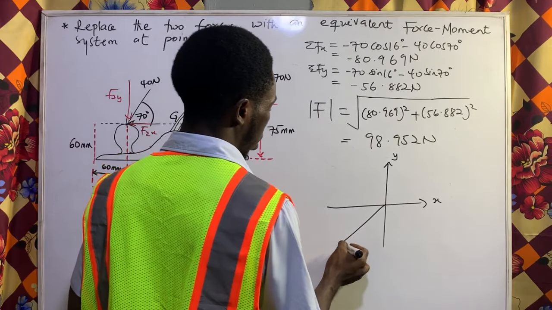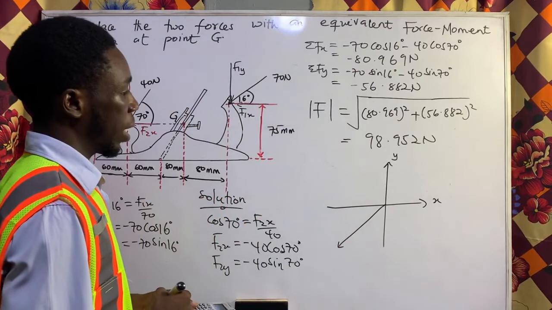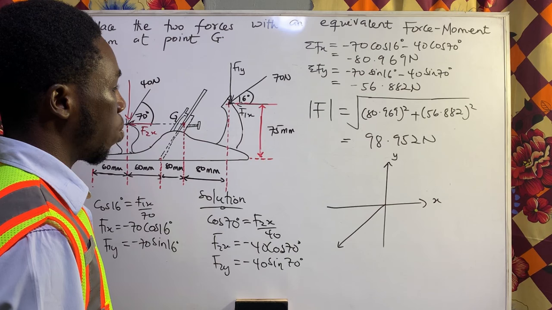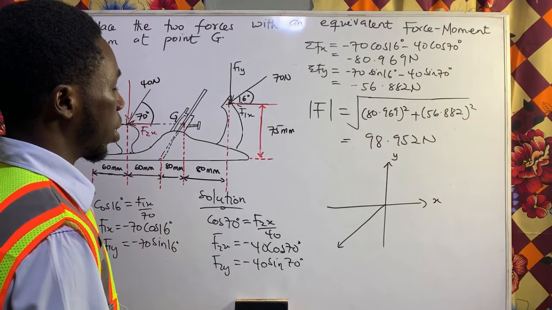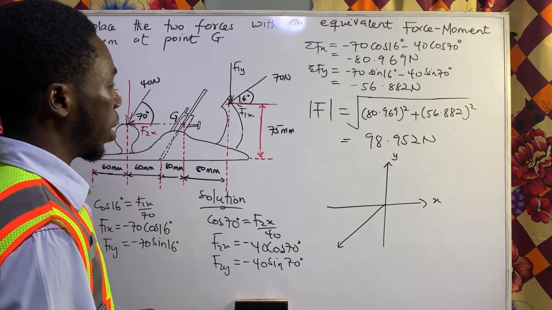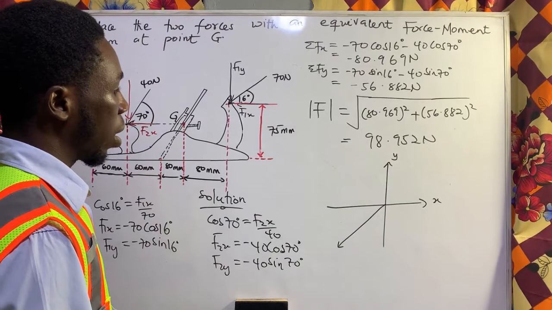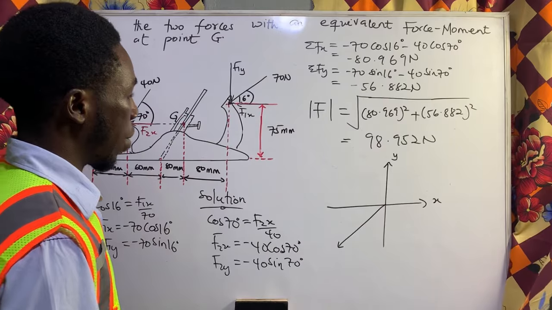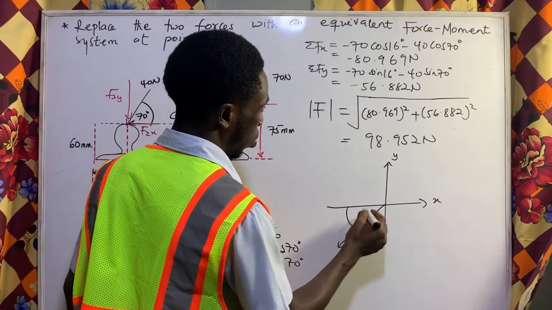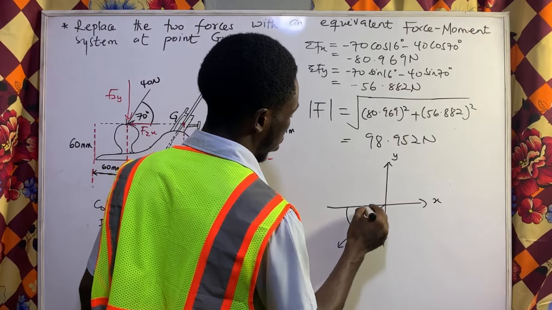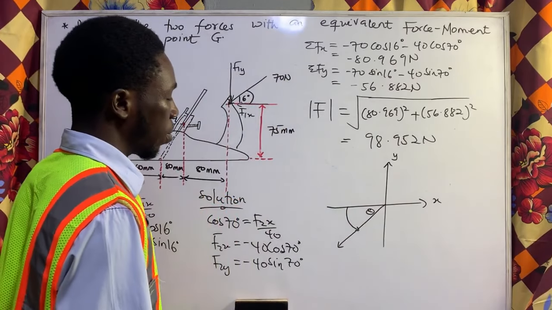Now let's measure the angle it will make with the negative x-axis, in the counterclockwise direction, which means we are going in this direction here. So we want to find this angle here, theta.